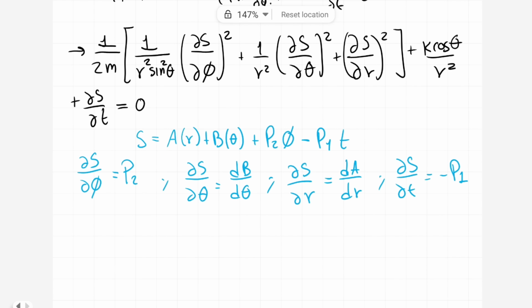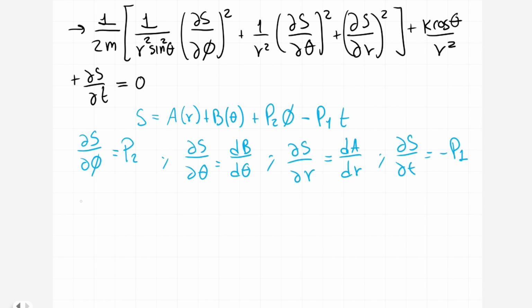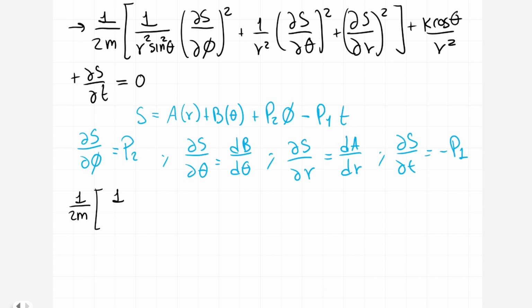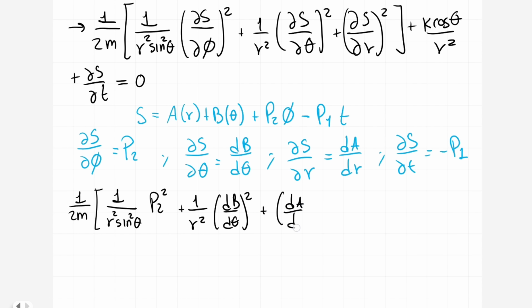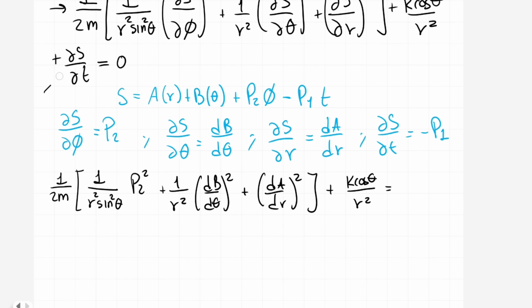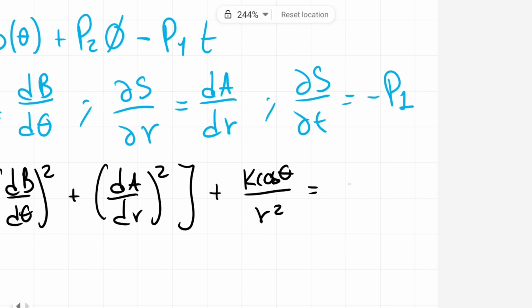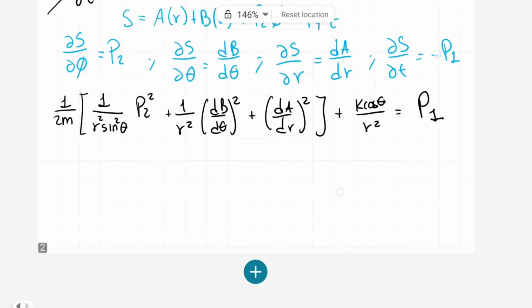So we are going to substitute those values into the Hamilton-Jacobi equation to get that 1 divided by 2m multiplies 1 divided by r squared sine squared theta times p2 squared plus 1 divided by r squared times the derivative of B with respect to theta squared plus the derivative of A with respect to r squared, and then plus k cosine theta divided by r squared equals minus the partial of S with respect to time, but that will be minus minus p1, so we will get p1 here. Okay, perfect.